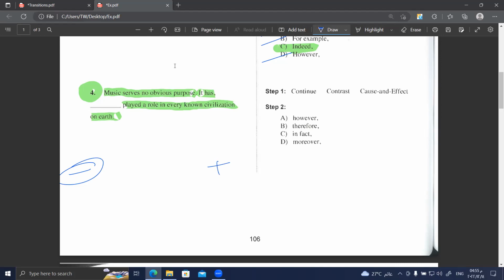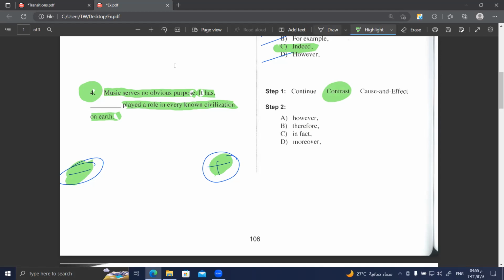Of course. So what is the relationship? Negative, positive, so the relationship is contrast. We explained that; you joined late, I believe, right? Yeah. If what comes before is negative, what comes after is positive, then of course it is contrast.